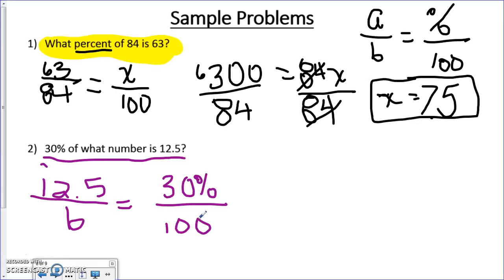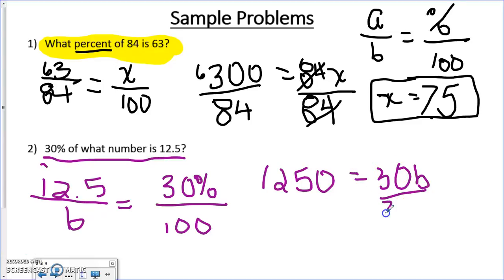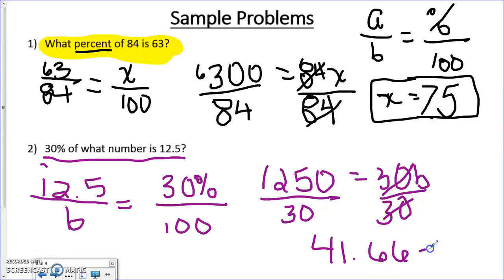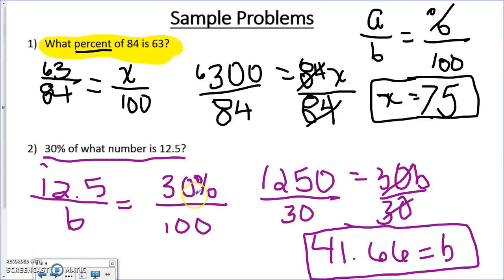Again, if you use cross products, you're going to get 1,250 equals 30B, excuse me. And if you divide both sides by 30, you're going to get roughly 41.66666 repeating equals B. So to answer this question, you can say 30% of 41.66 is 12.5.